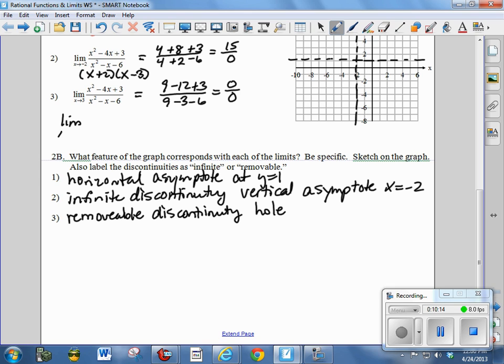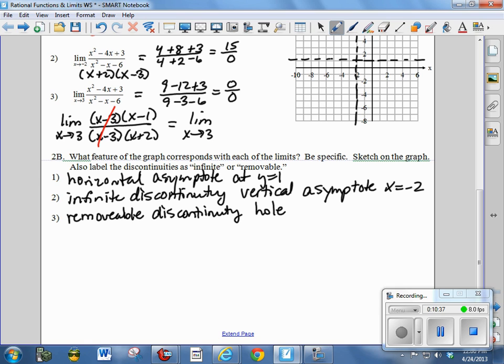So there's an x minus 3 here. I already know from before there's an x minus 3, and this is x plus 2. The other factor in the numerator would be x minus 1. So how do I remove my discontinuity? I cancel the common factor. I redo the limit without that troublesome factor in there.